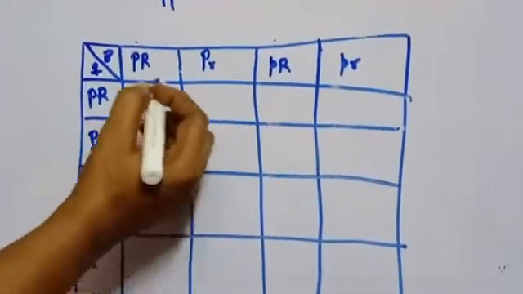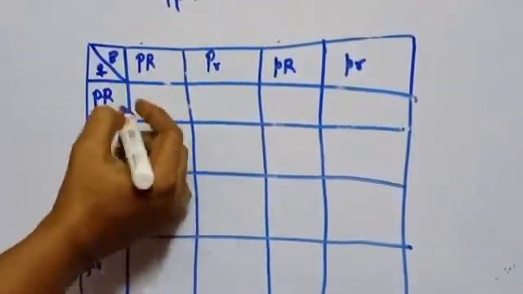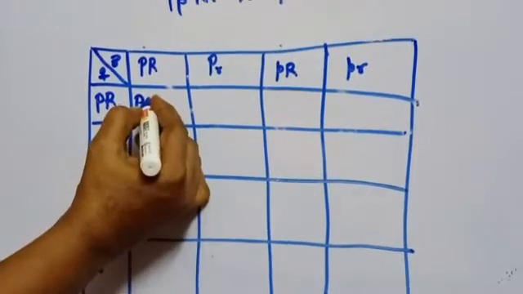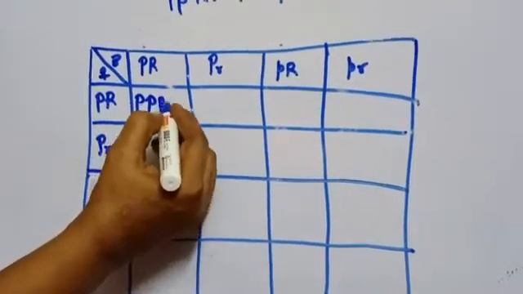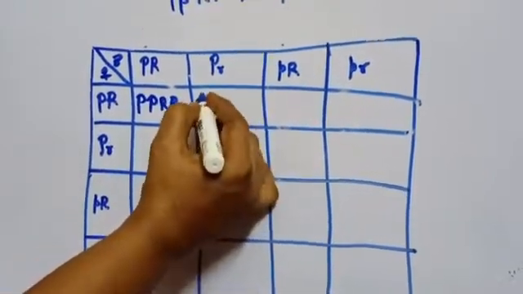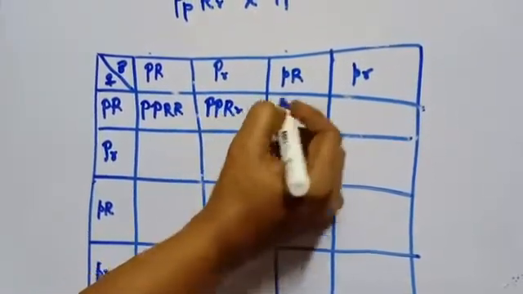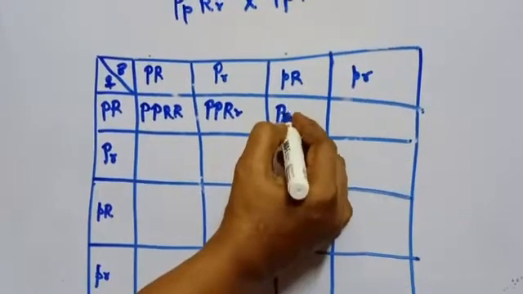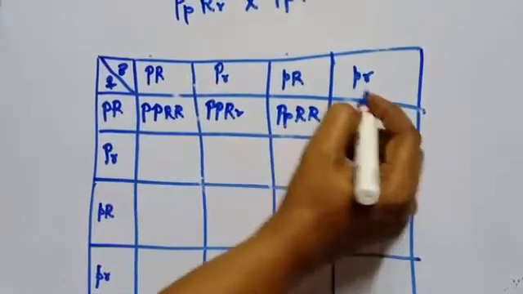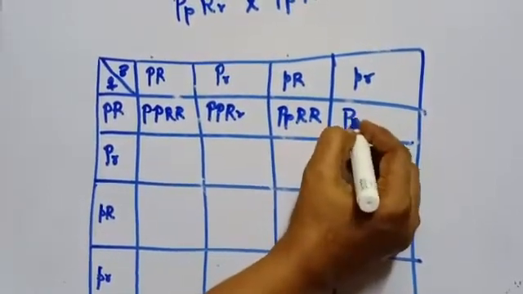First one is, listen, that is capital P, capital P, capital R, capital R. Then capital P, capital P, capital R, small r. Then capital P, small p, capital R, capital R. Then capital P, small p, capital R, small r.